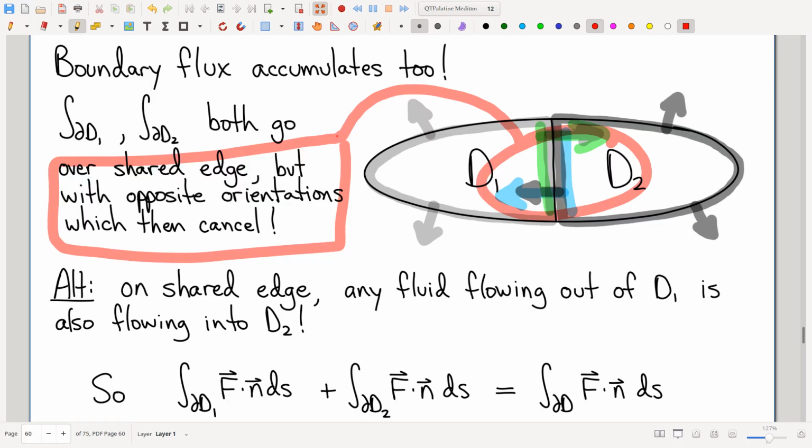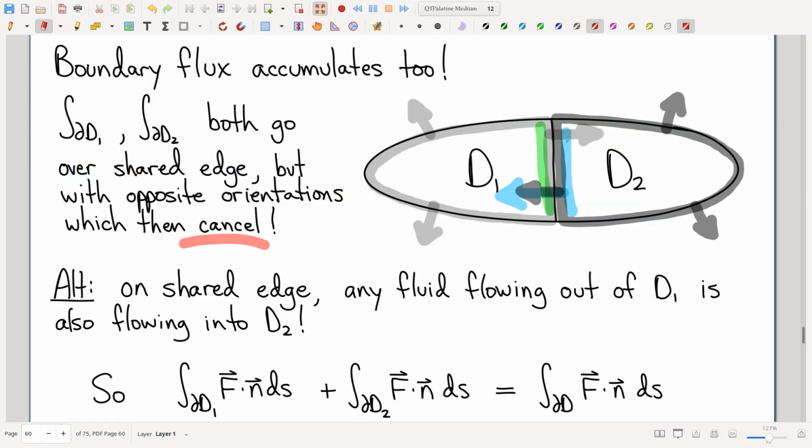This time, opposite orientations through the curve, as opposed to when we were talking about circulation, where we had opposite orientations along the curve. But again, there are two different directions along a curve, and two different directions through a curve. So different geometry, but still the same curve, opposite orientations. They cancel. Everything disappears in a puff of smoke. And no discrepancy, no problem. And this is an accumulating quantity.